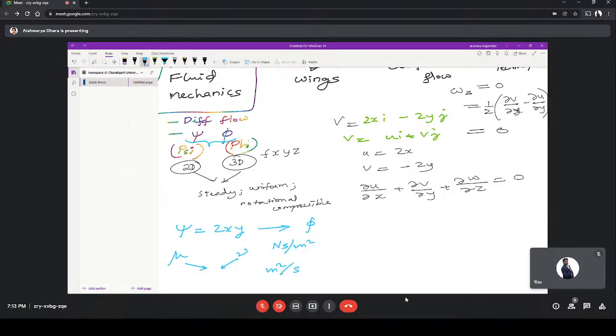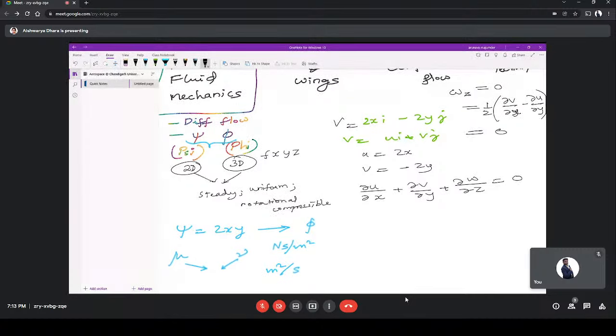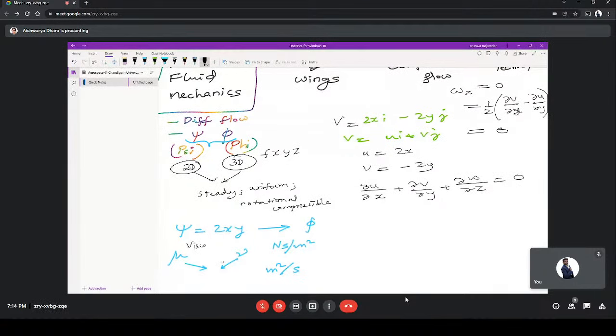Sometimes in the question you may face challenges about viscosity. They might give the viscosity with the unit meter square per second. If you have a unit like meter square per second, that means they have given you the kinematic viscosity.